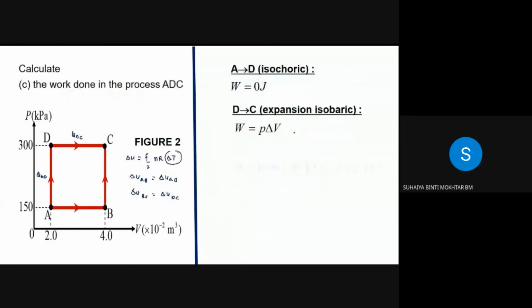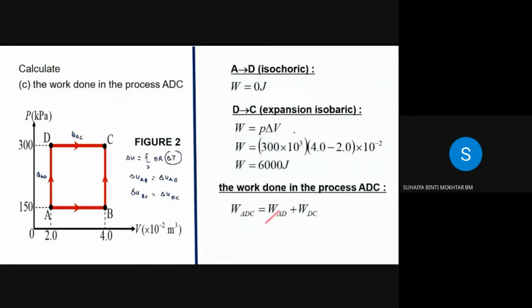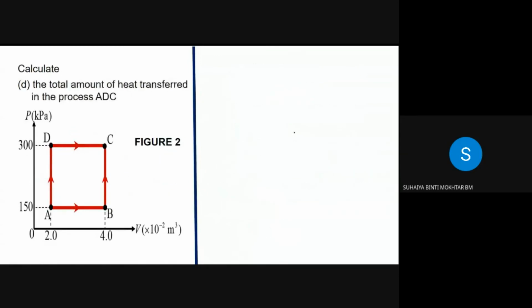Okay. So for process isochoric AD, dia dah zero tadi kan.